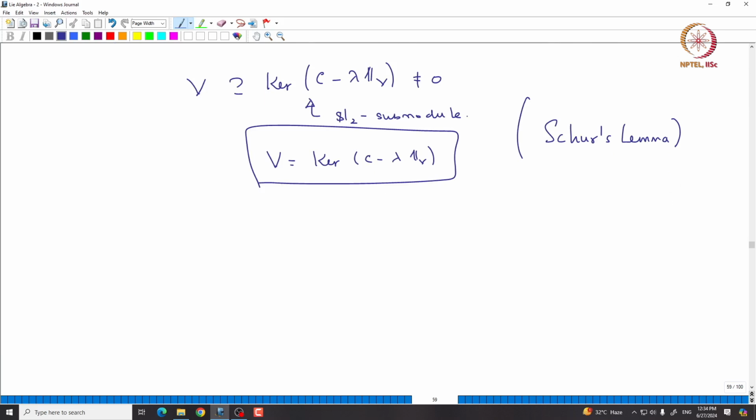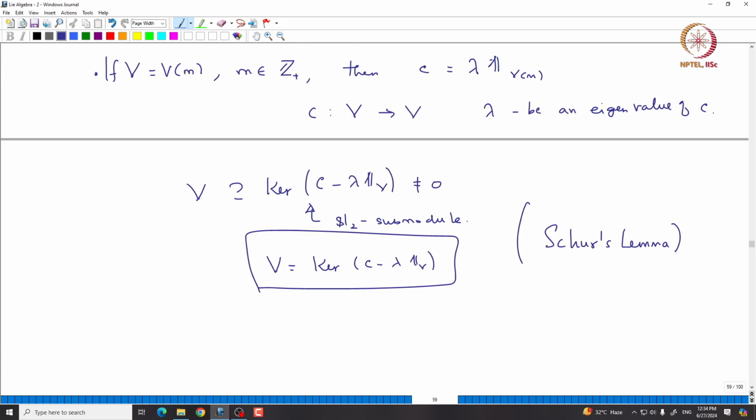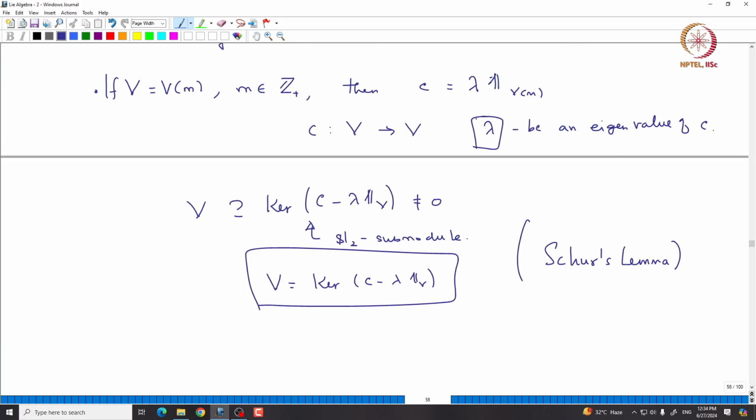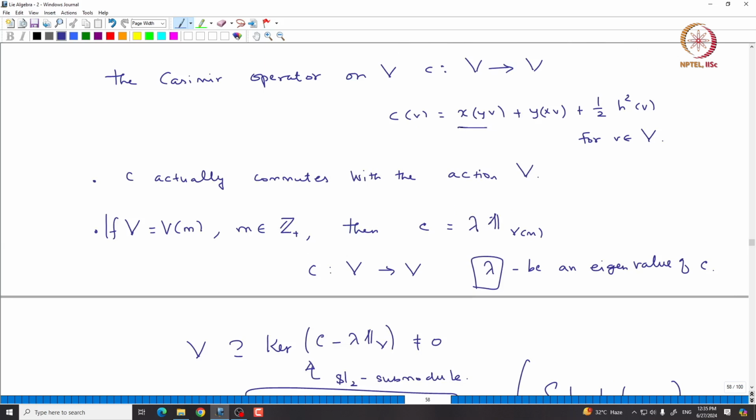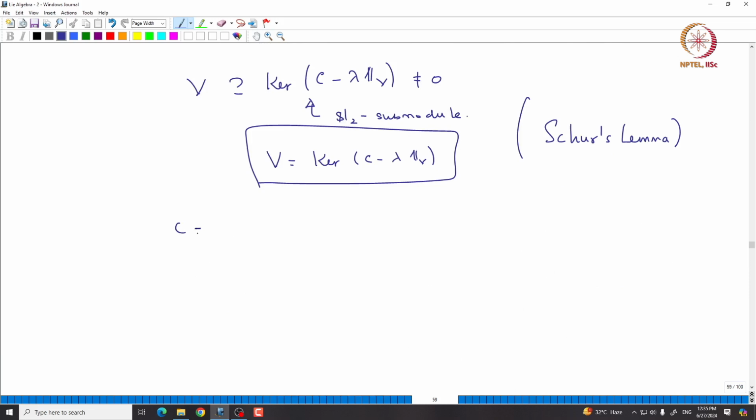In particular, we can see explicitly what happens to this lambda, because lambda can be determined using the explicit formula of C. Note that C is xy plus yx plus (1/2) h squared. So, we can pick v inside V being the highest weight vector.